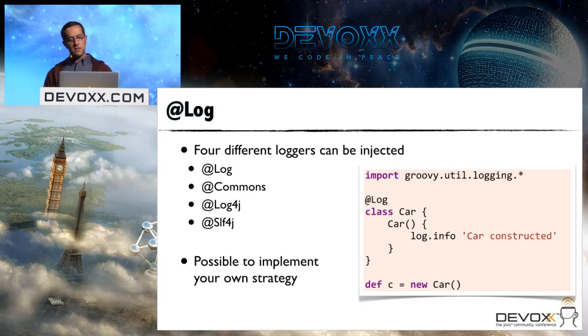So first of all, it injects a log field in your class, and you see that I can just say log.info, although I didn't define log anywhere, because there's a field which is injected automatically and transparently. And do you notice something else missing in how I'm using the logger?